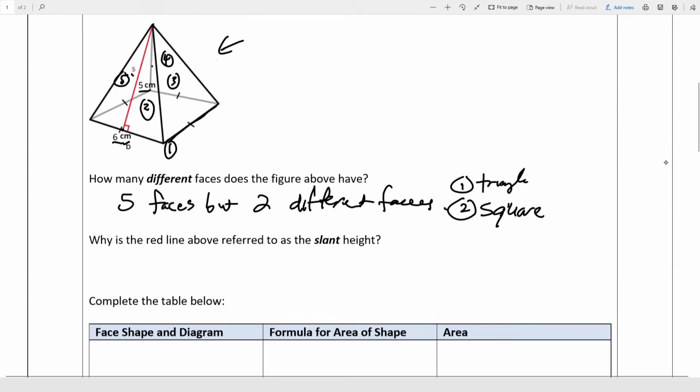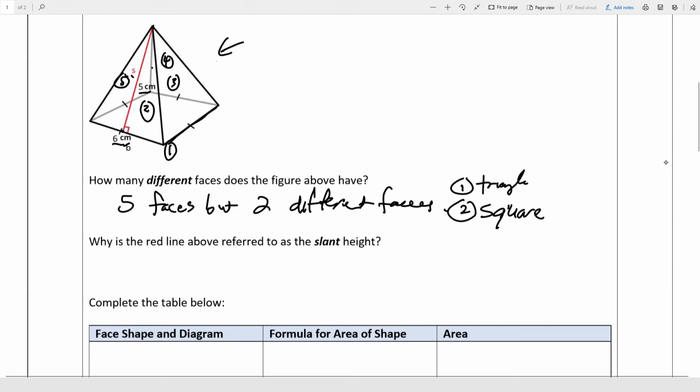Okay, why is the red line above referred to as a slant height? Well, again, it's called a slant height because it's slanted, and it's not the actual height of the pyramid, like I described before. The actual height should go from the tip of the pyramid to the center of the square.